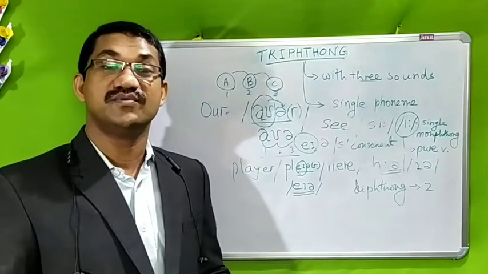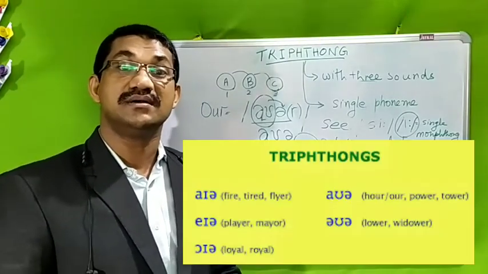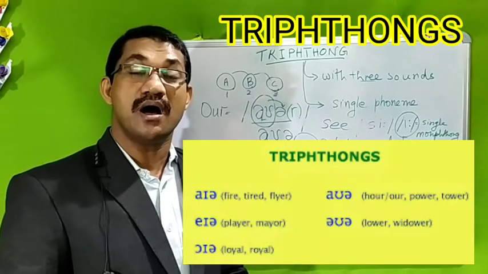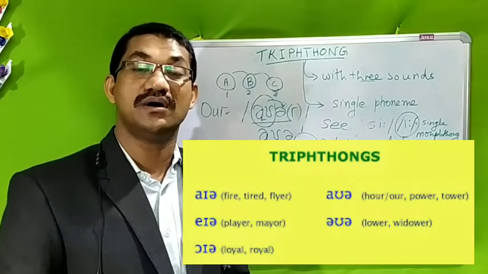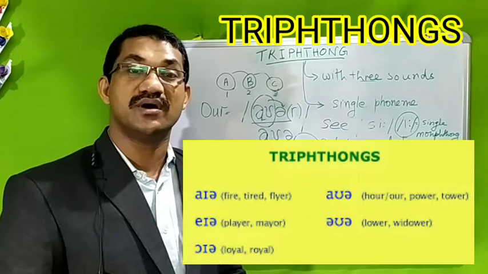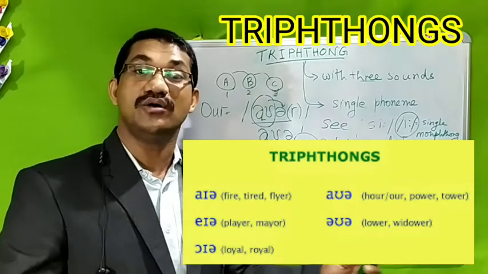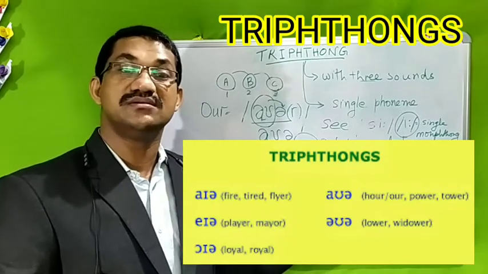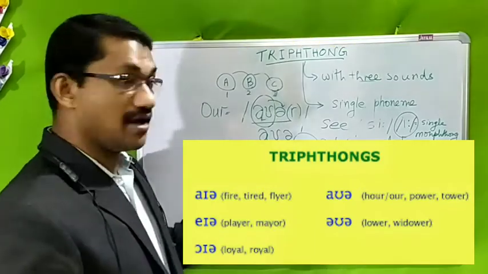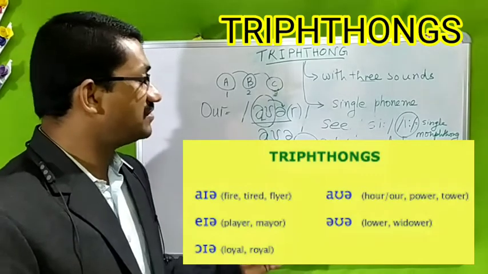And now, of course, we can look at another word, that is, of course, hour. We have hour, or rather, we have, of course, a word like prayer. Okay, in all this, we have three tongue positions, that is a diphthong followed by a vowel sound.